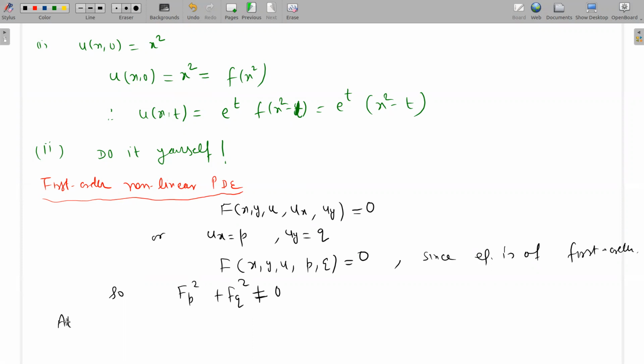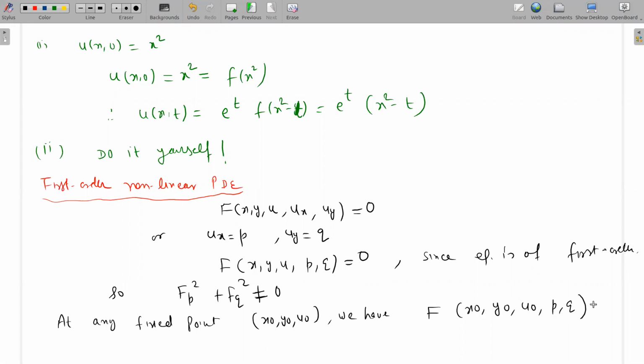And at any fixed point x0, y0, u0, we have F(x0, y0, u0, p, q) at those points. So this is an implicit relation between the derivatives p and q.